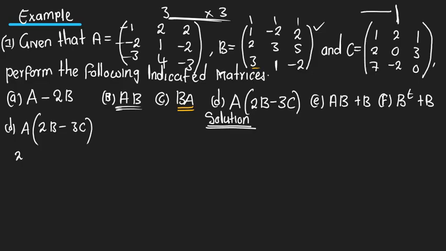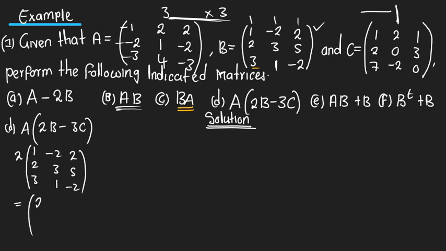I'm going to get a 2 and open the bracket, then get my matrix B, like that. And then I can multiply and get the final matrix B.